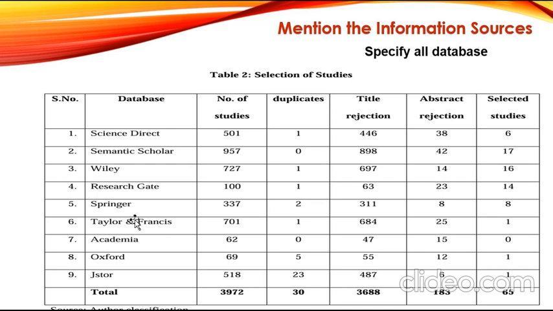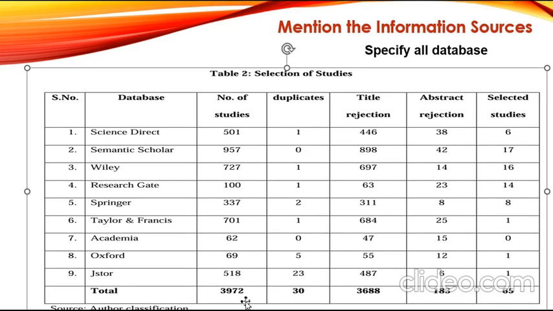I have collected literature from these 9 research databases and collected 3972 studies. In Science Direct, I collected 501, Semantic Scholar 957, Wiley 727, ResearchGate 100, Springer 337, Taylor and Francis 701, Academia 62, Oxford 69, and JSTOR 518 studies.